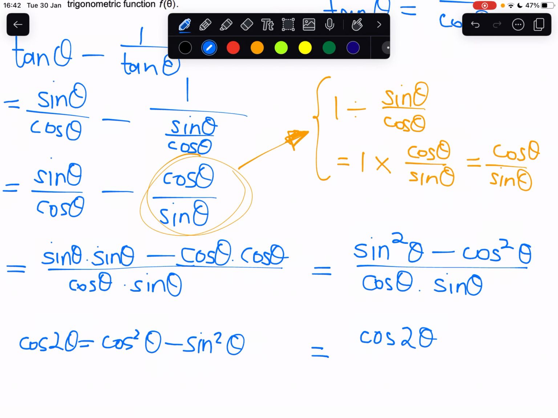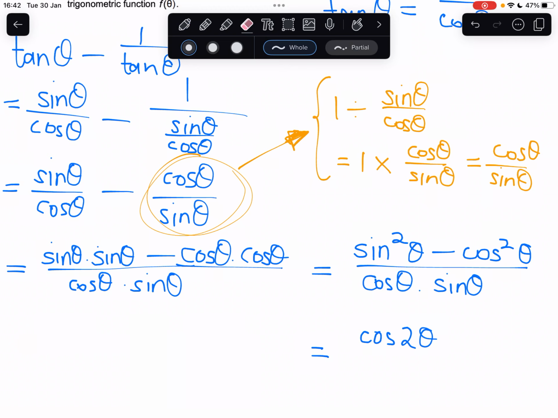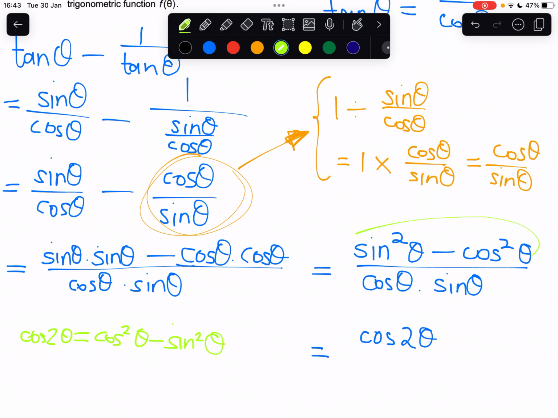So maybe let me rewrite that in a different color. Okay, so we know that cos 2 theta is equal to cos squared theta minus sine squared theta. Oh, guys, forgive me, I am sick. And we can see here that that difference is swapped around.